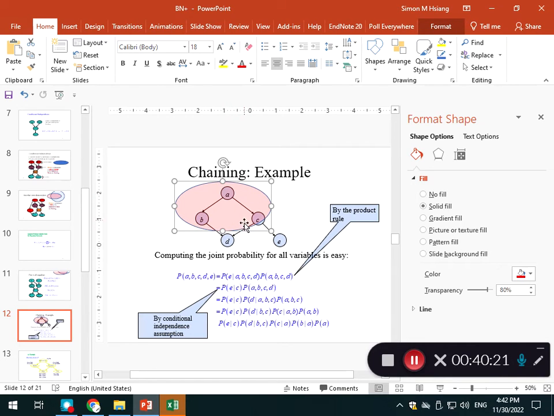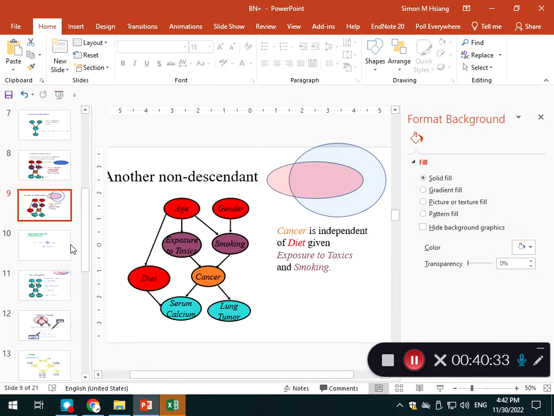Here I have a red cloud causing D, and a red cloud causing E. This is the part I'm really trying to show you: this graphical dissection, or conditional independence, or D-separation, is all trying to do just that.